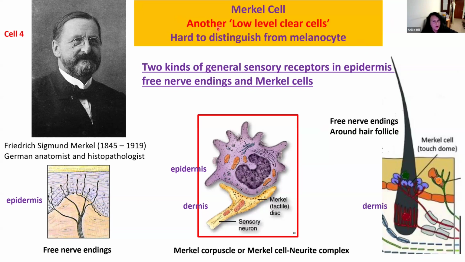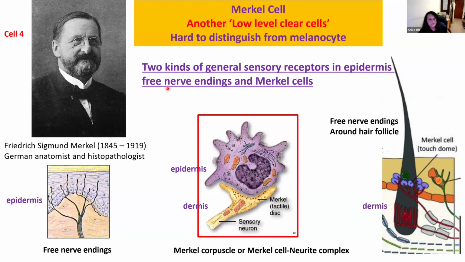And I said it's another because you remember the melanocyte is also low-level clear cell. Low-level means that it's in the stratum basale, and it's clear that when you look in the microscope, you're gonna see white cytoplasm. It looks like an eye looking at you. And yeah, exactly, hard to distinguish from melanocyte.